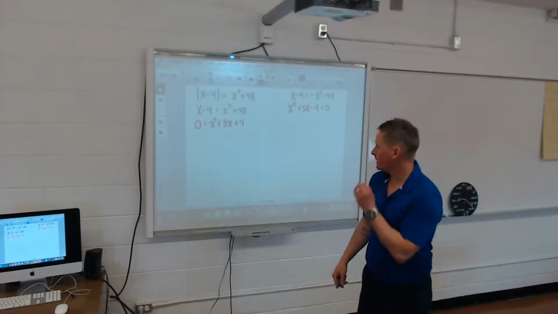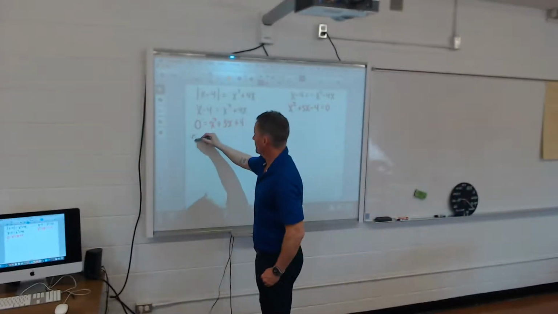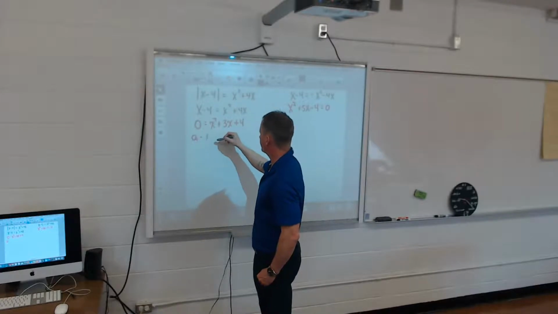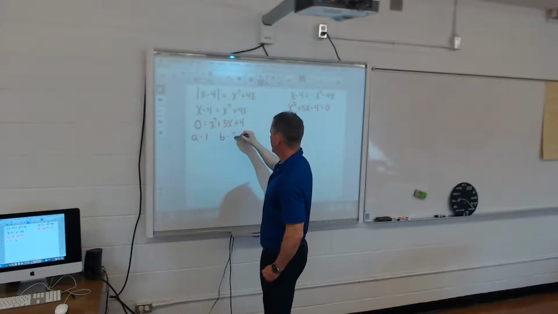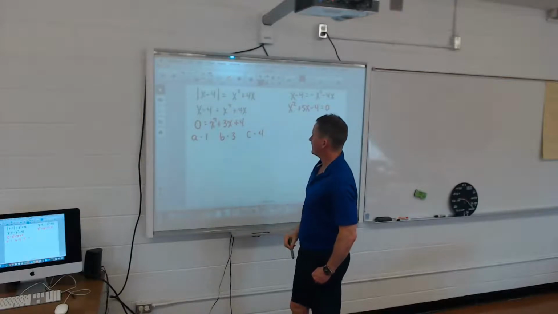Okay, so those are my two. Neither one is factorable. So start here. A is 1, B is 3, C is 4.